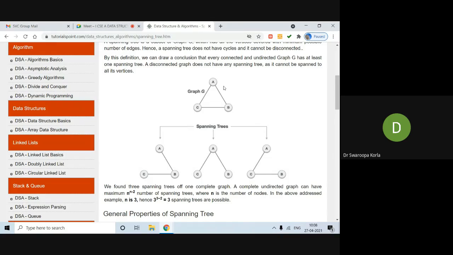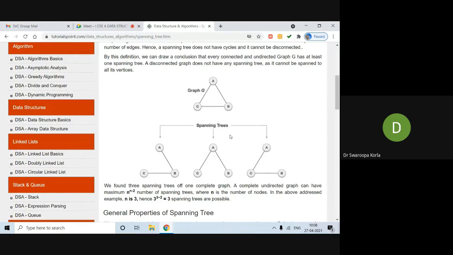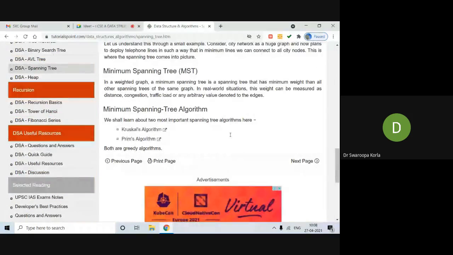For example, I present the A to B edge value as 3, the B to C edge value as 2, and the C to A edge value as 1. These values of the edges I am calling weights. So when a graph is presented with values for the edges, it is called a weighted graph.